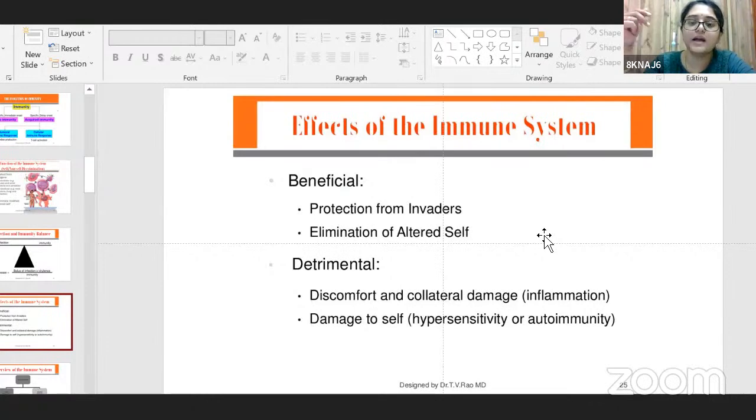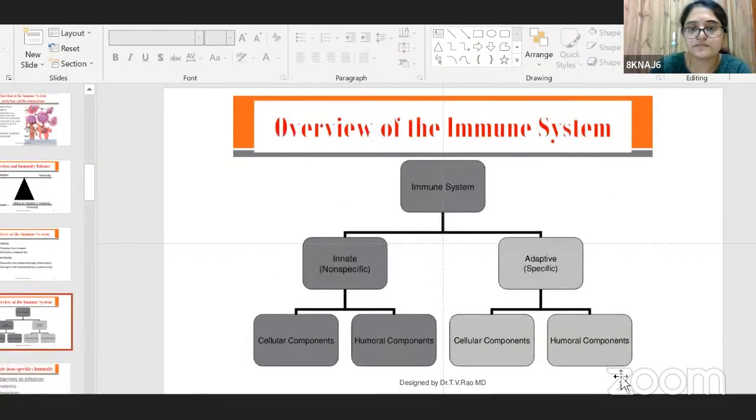All of these, what happens is our normal basic body cells in certain places are considered as foreign, because the immune system is reading them as foreign, because of which it acts against our own self cells, because of which there is inflammation and other side effects that manifest as a problem, that is a disease. Again, same thing, specific, non-specific, innate and adaptive.